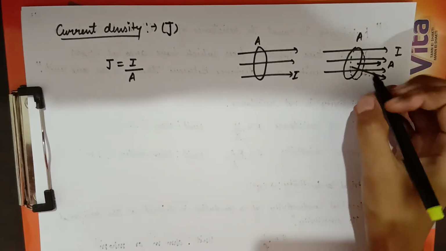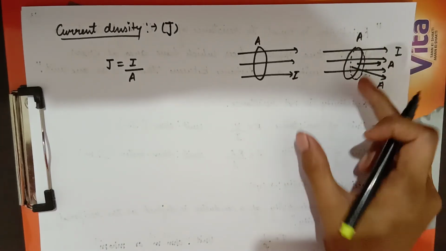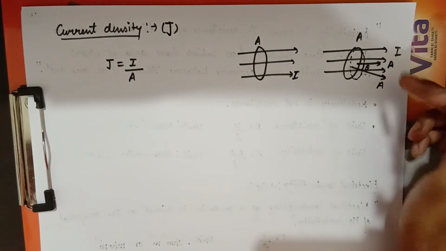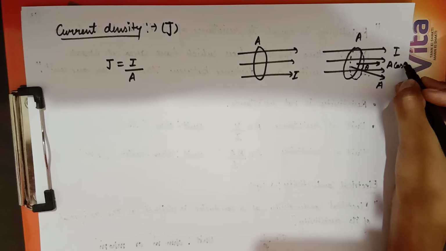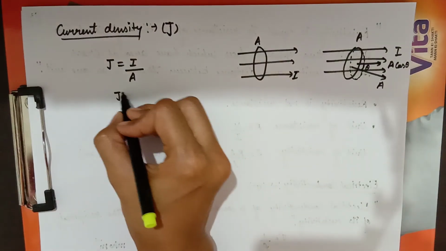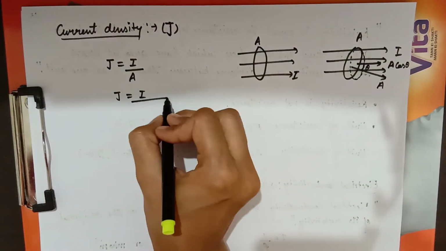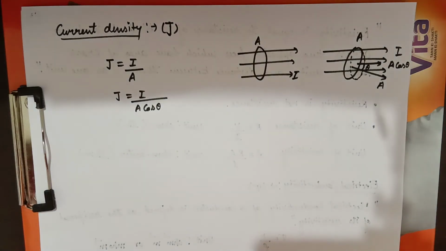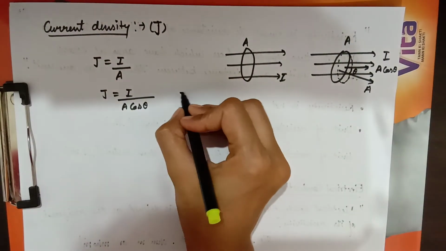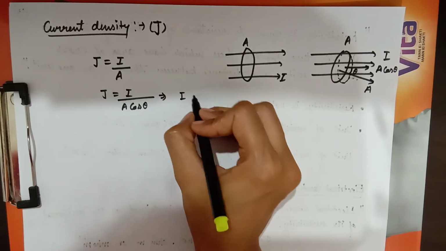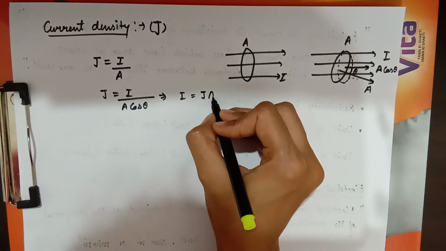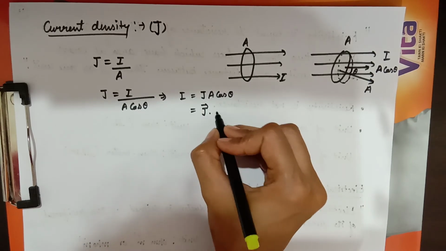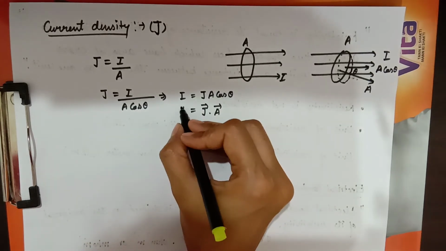So if the angle by which I tilted the area is theta, then this component will be equal to A cos theta. So J can be written as I divided by A cos theta, or I will be equal to J A cos theta, or I can write it as the dot product of J and A.